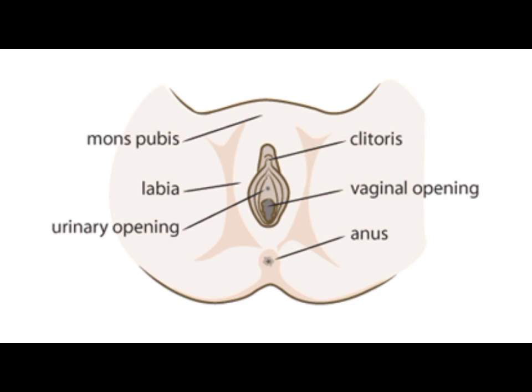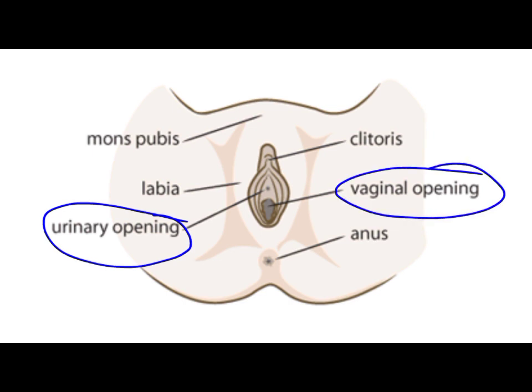But in the case of the female, they have a different opening for urinary and a different opening for the birth canal. You can see for urinary, you can see for birth canal. So different openings for different purposes, unlike in the male where you have the same opening for both functions.